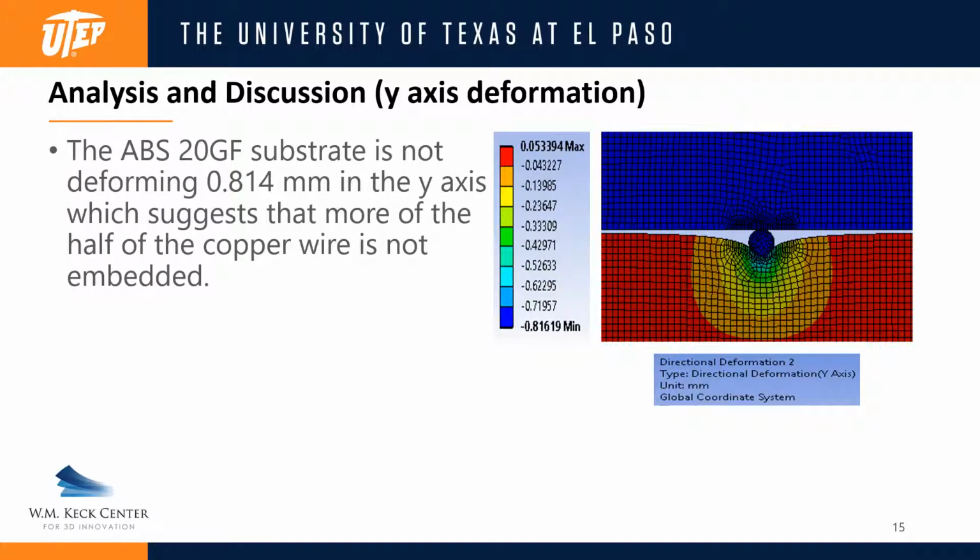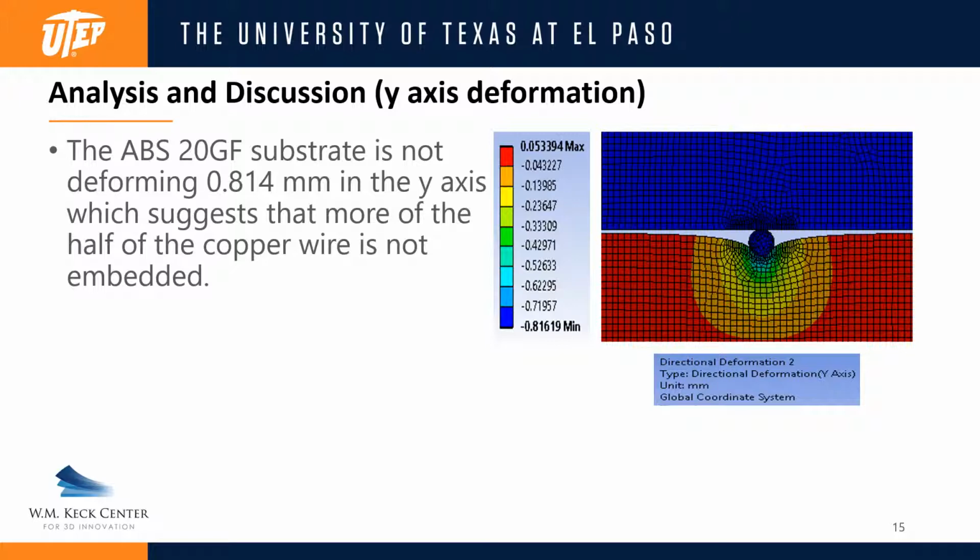After that, we have the output on the y-axis deformation, where the previous one was the total deformation. On this one, we have 0.816 millimeters in the y displacement as a maximum. That means that the roller did displace that, but the substrate is not experiencing the same as the copper wire and the roller.